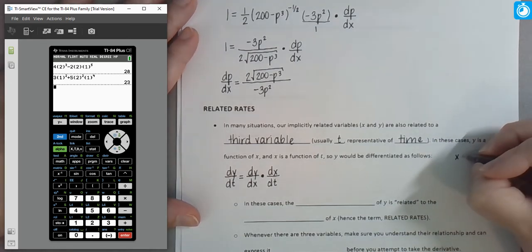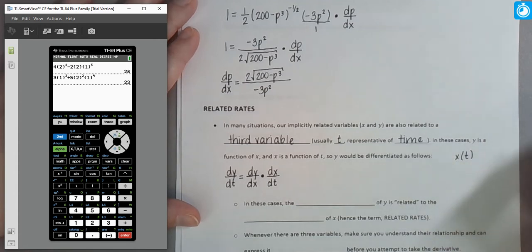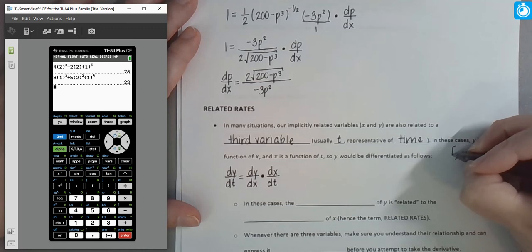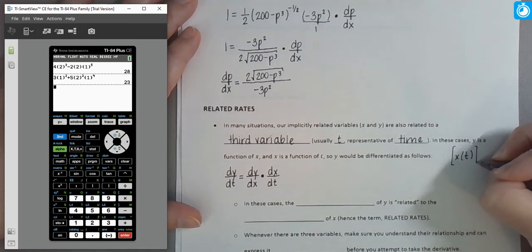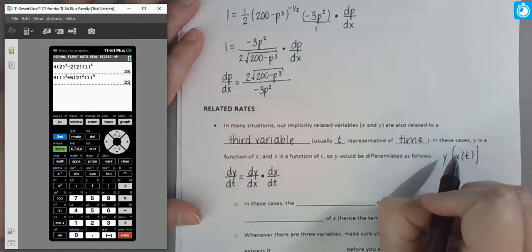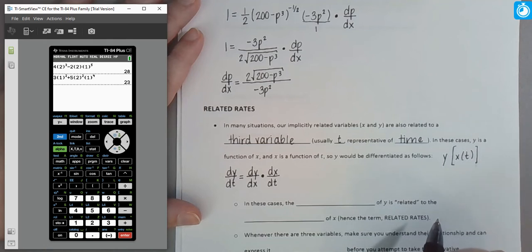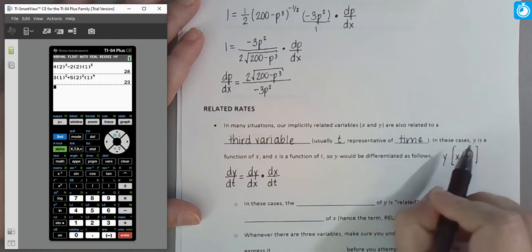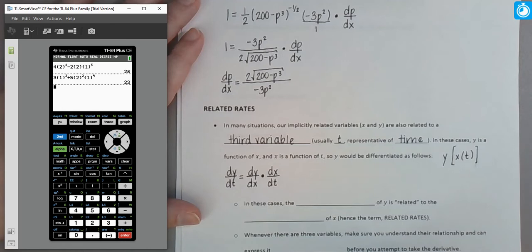Well, we're thinking of x as a function of the input t, which represents time, but we also know that x is the input for y, the function of x that we call y. So there are 3 variables. We have to differentiate x with respect to t, and then differentiate y with respect to its input x.